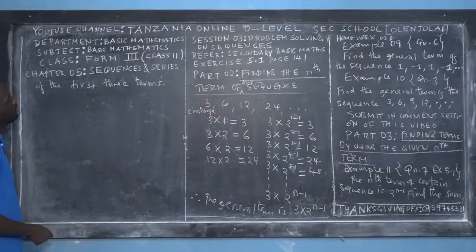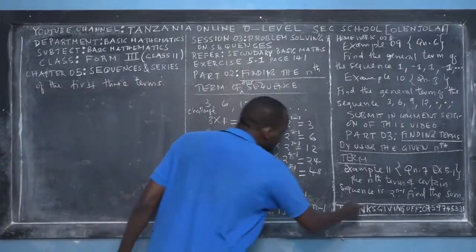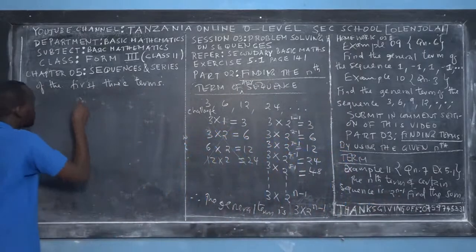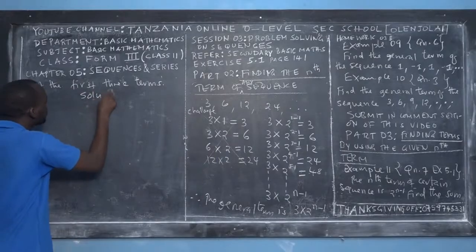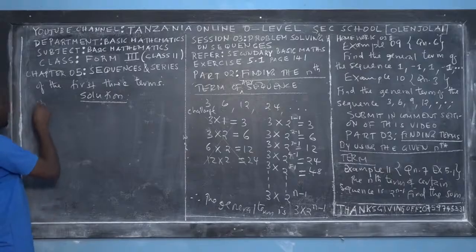So the question said that we are given the general term of a certain sequence is 2 power n minus 1. Find the sum of the first 3 terms. So let me teach you how I can solve this problem. This is still the introduction. We'll follow 2 steps mainly.